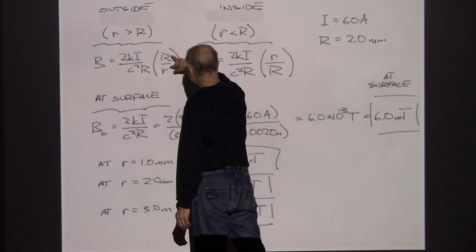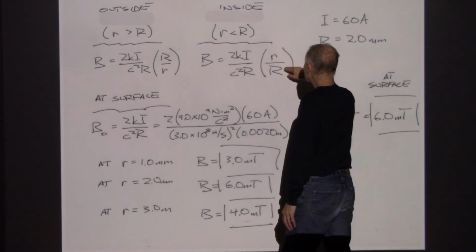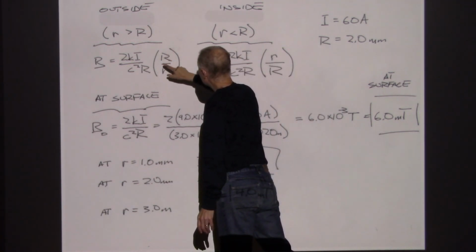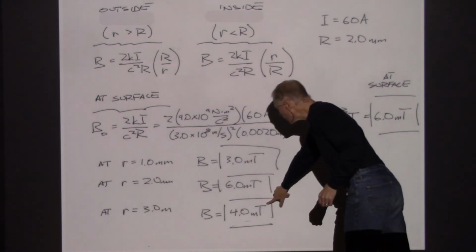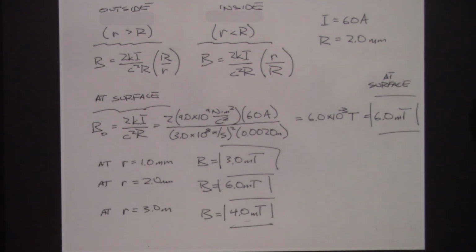This is going to become 2/3. So this was 1/2, and this is going to become 2/3 of whatever the surface value is, and 2/3 gives us a value of 4. So that matches up with the graphs pretty well. So it's a good example, right, using Ampere's law.